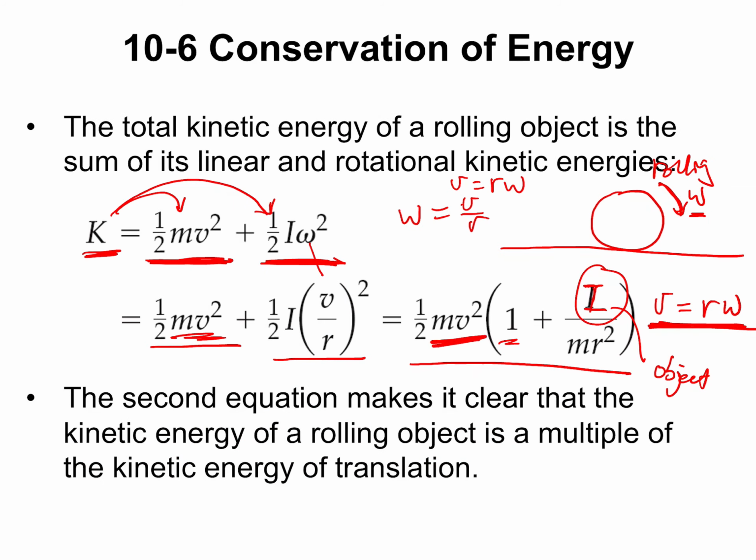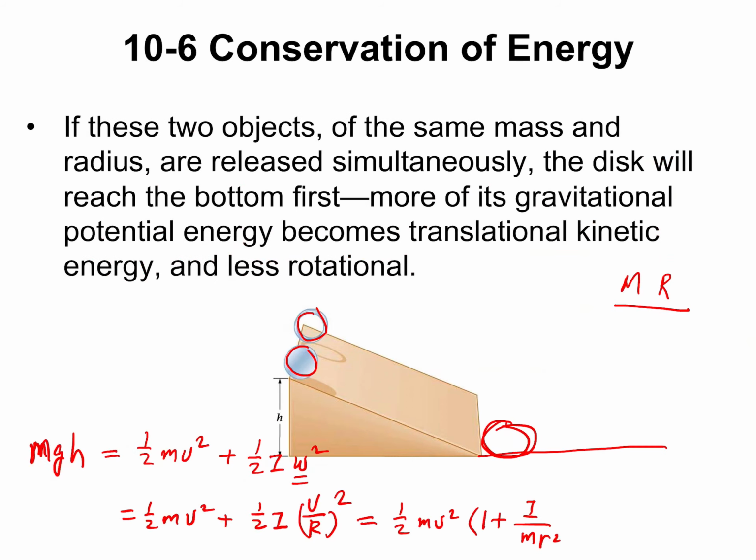So you can tell the bottom part has mr square. And then what is v? From this equation, m and m cancel. So when you reach the bottom, v equals the square root of 2gh divided by 1 plus I over mr square.